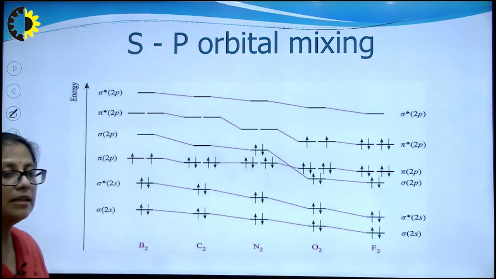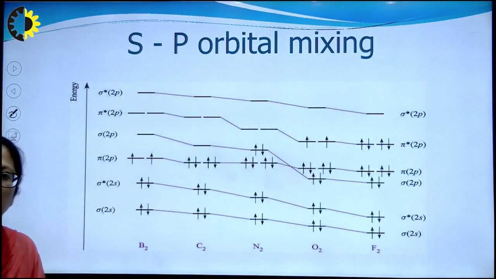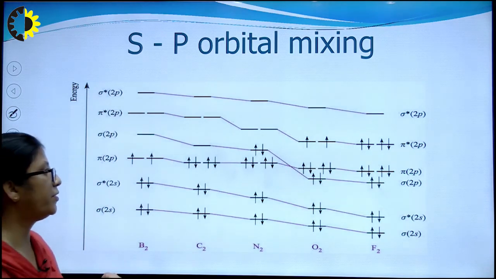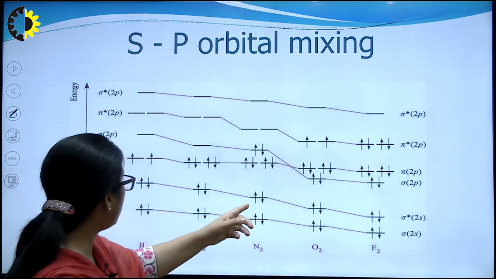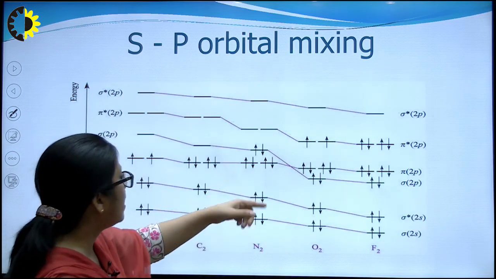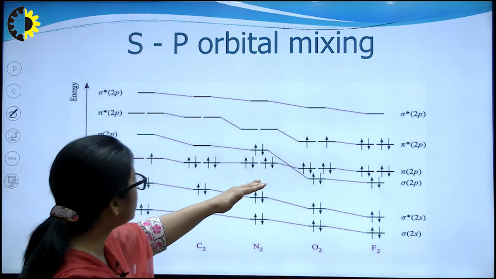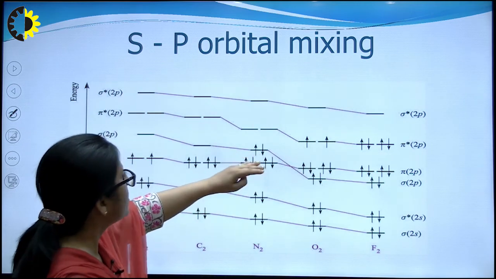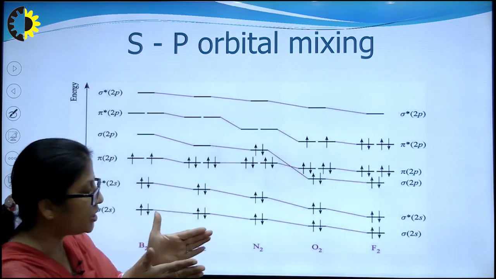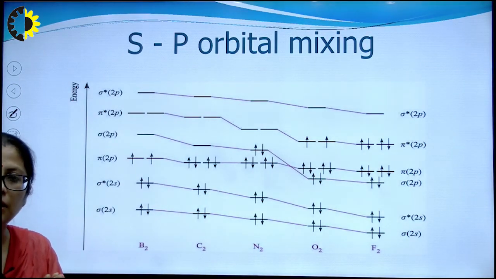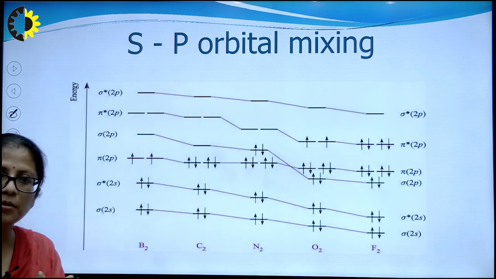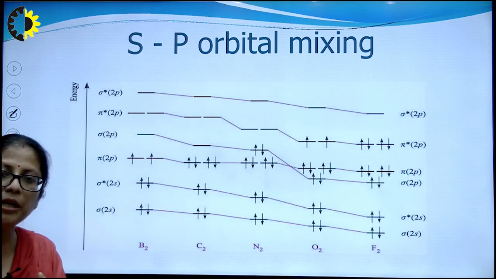These interactions lead to the stabilization of sigma 2s and destabilization of sigma 2p, because the energy difference between sigma 2s and sigma 2p will increase. These interactions are repulsive in nature.